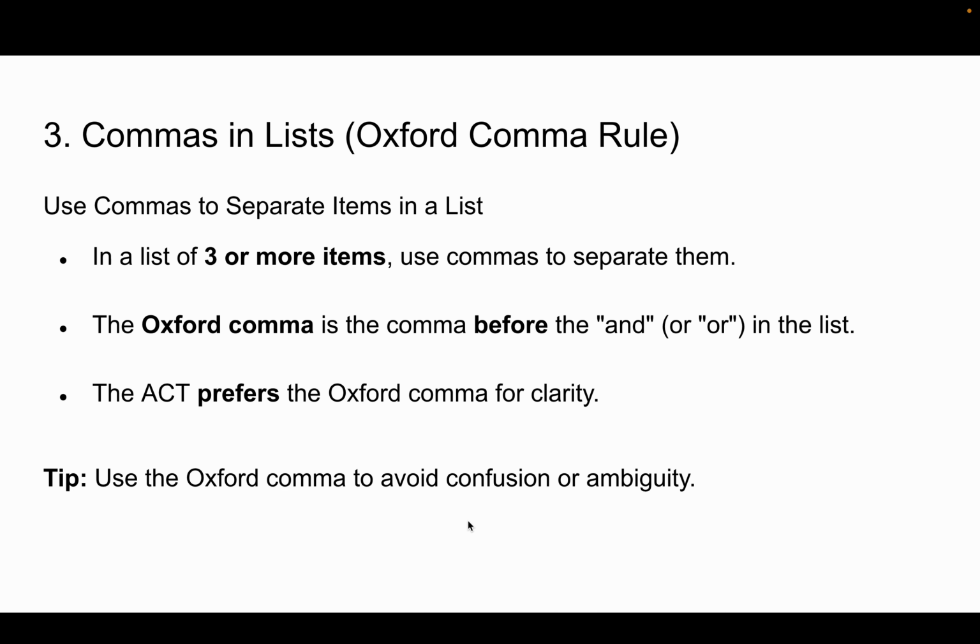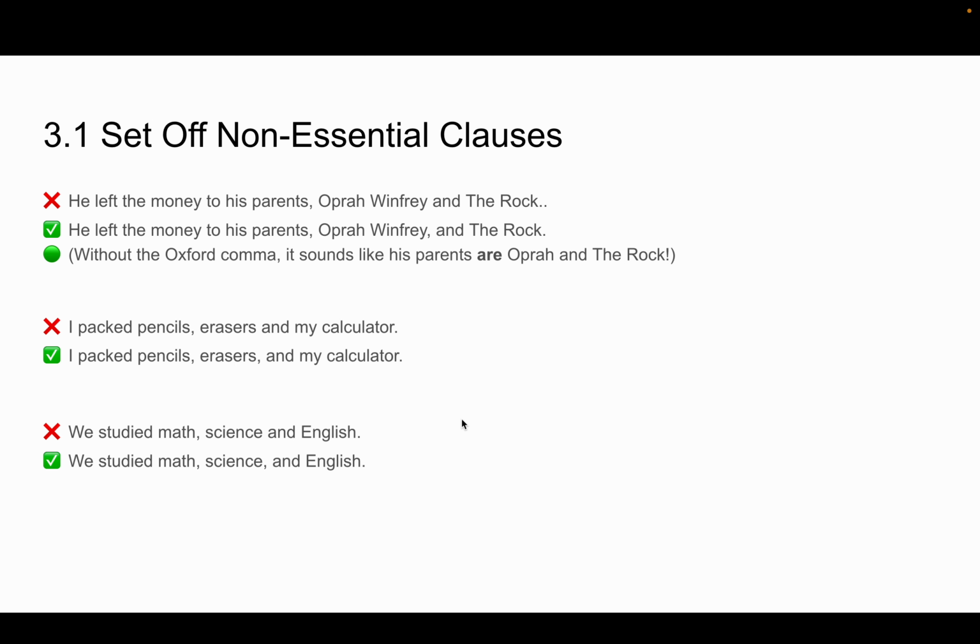As an example, one of the sentences is, he left money to his parents, Oprah Winfrey, and The Rock. On its own this sentence could be correct, but that's not the original intention. The intention was, he left the money to his parents, Oprah Winfrey, comma, and The Rock.